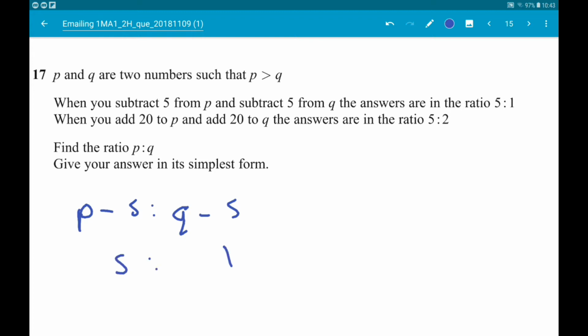Okay, and then we're told when you add 20 to P and add 20 to Q, the answers are in the ratio 5 to 2.